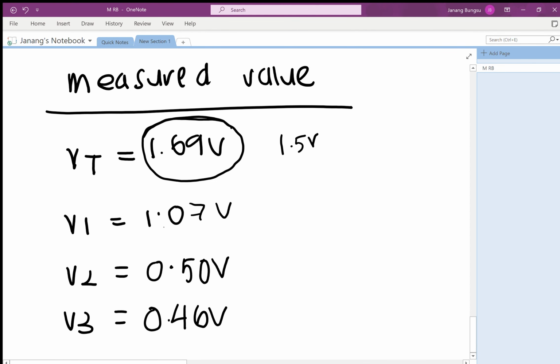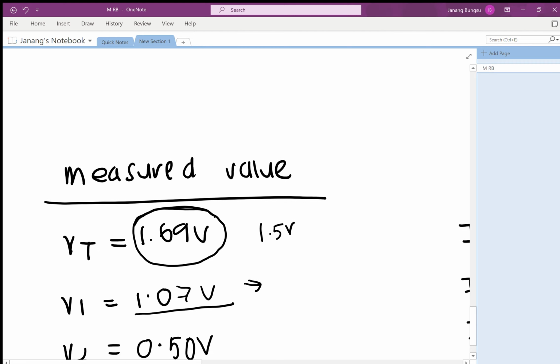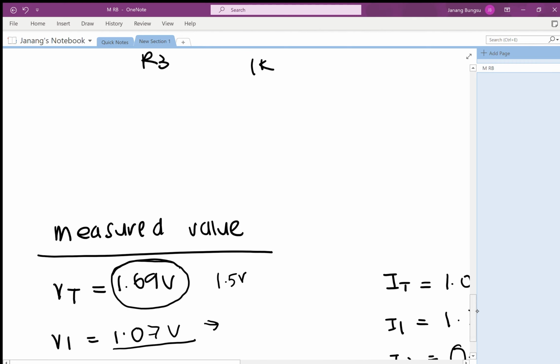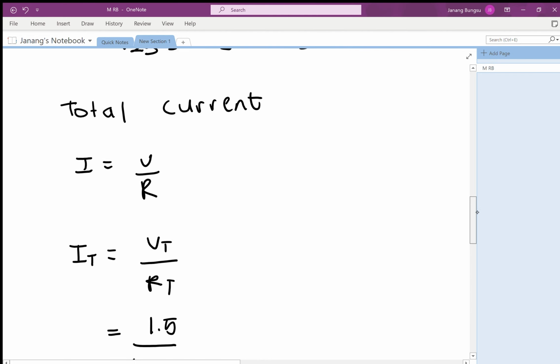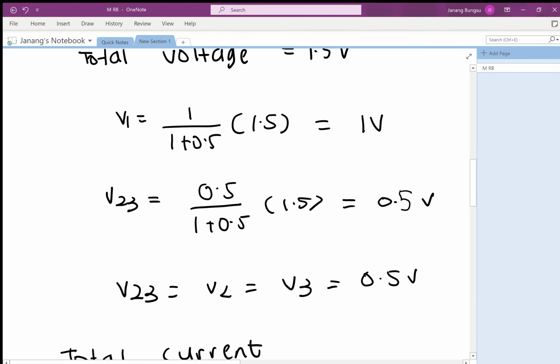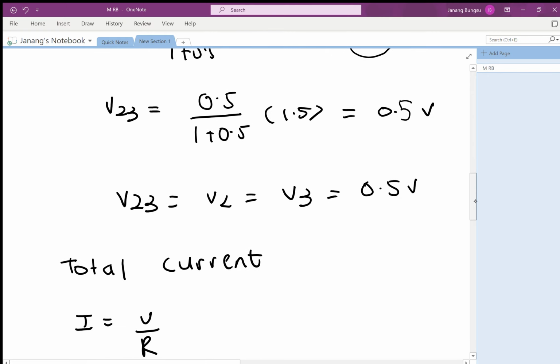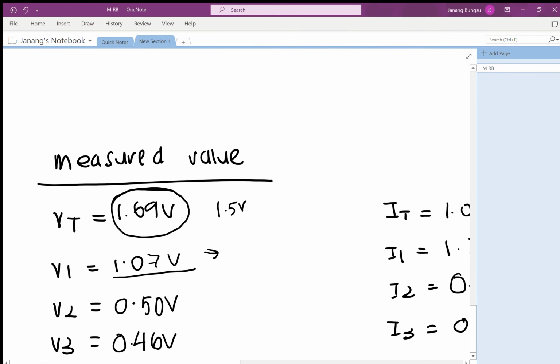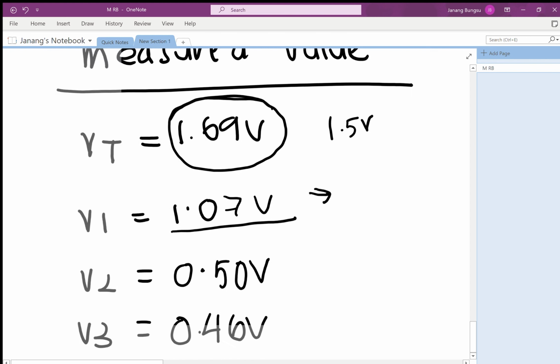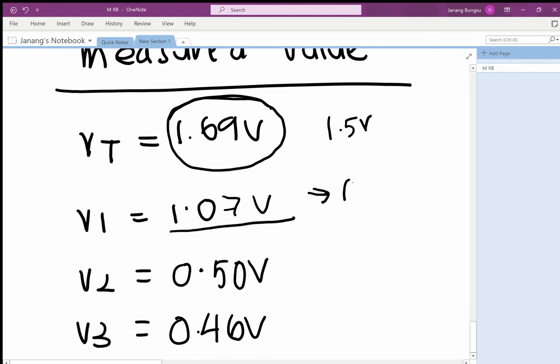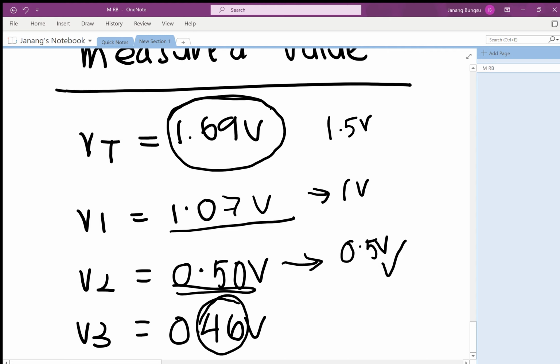Okay, so now we have the theoretical values and also the measured values. It's time to compare these two values. As you can see from these values, they are not really much different, and if there are any differences, they are only a little bit different. I am honestly happy about that, because it means that this experiment was a success.